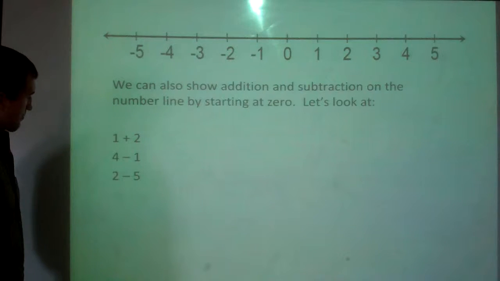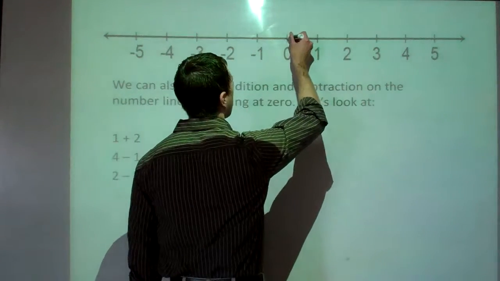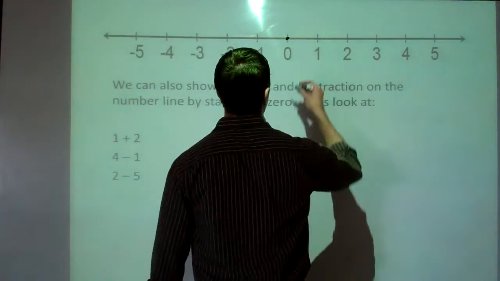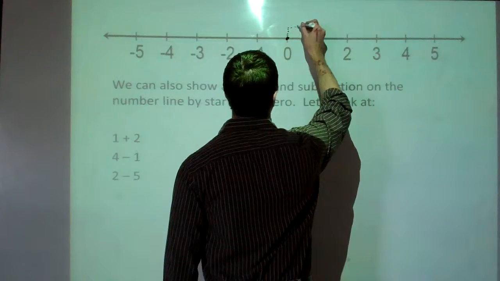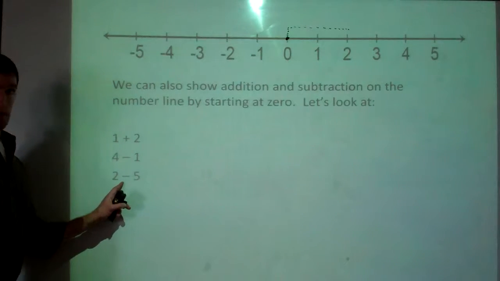2 minus 5. Start at our origin. We're going to go over 2 in the positive direction. From there, we're going to subtract 5.